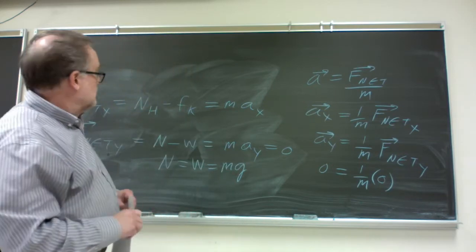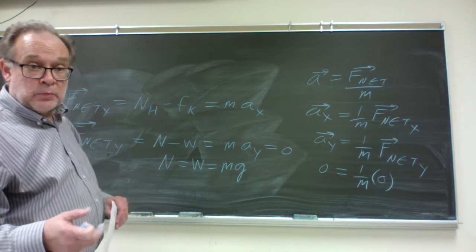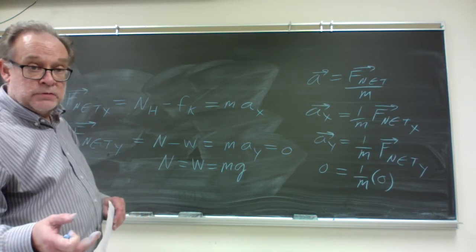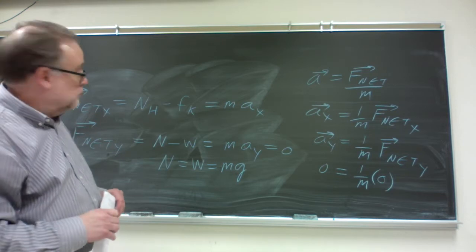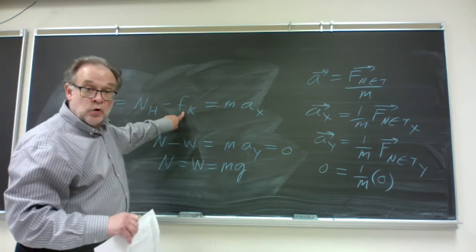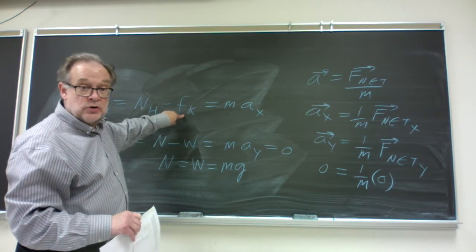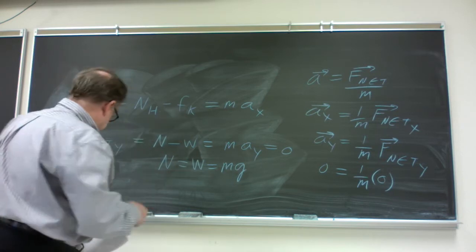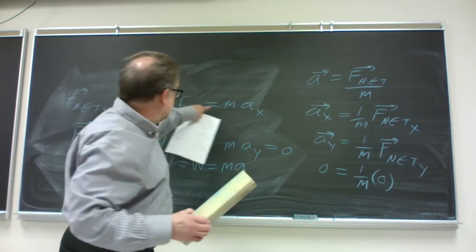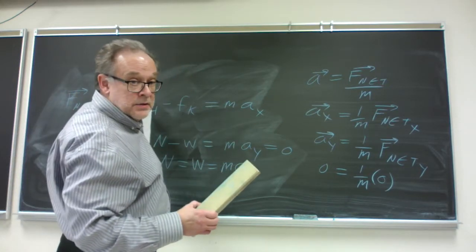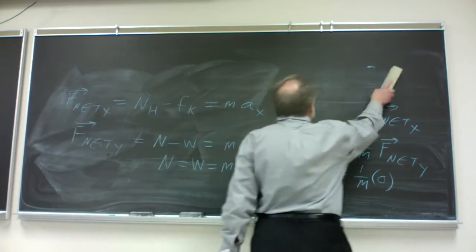Okay, now let's look at our problem again and see if we can figure out how strong that coefficient of kinetic friction is. This coefficient of kinetic friction actually appears in this term. So let's rewrite this expression just a little bit.